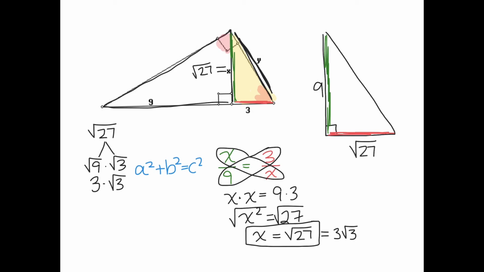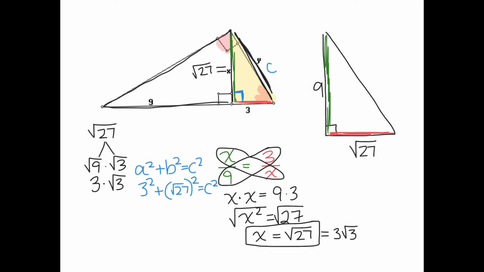So a and b are just the legs of that right triangle. I'm looking at this yellow right triangle. So we have 3 squared plus the square root of 27 squared equals c squared. And this is my c, my hypotenuse.